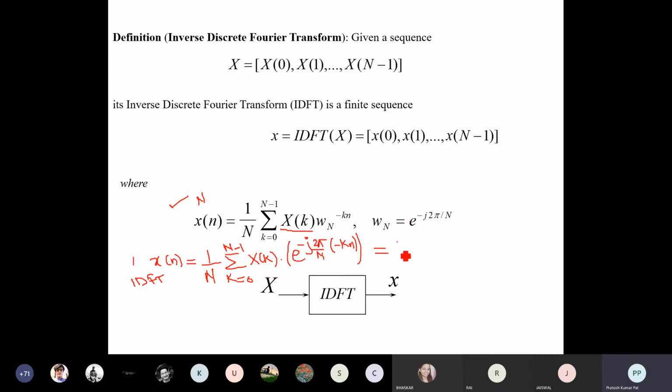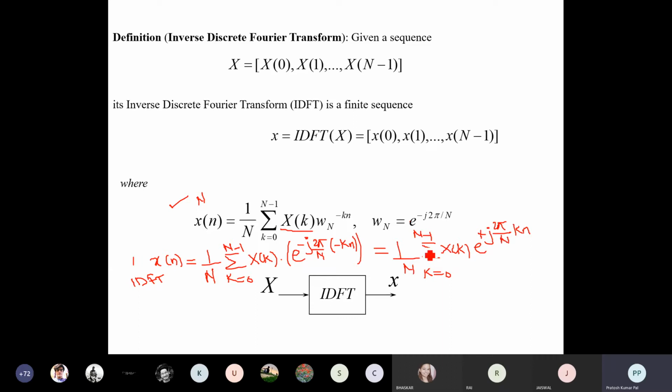After solving this, that will be 1 by N summation k from 0 to N minus 1, X of k e to the power, that will be plus j 2 pi by N, into kn.